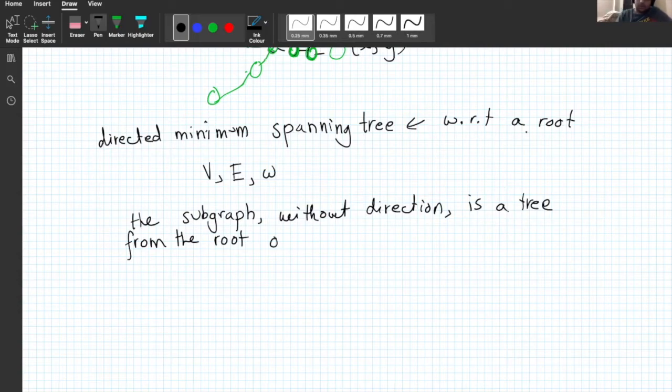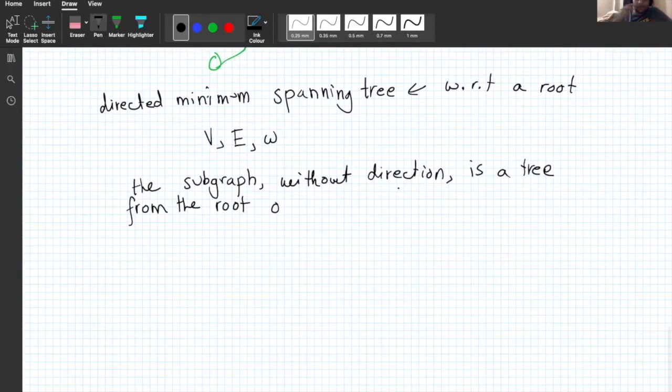The subgraph without direction is a tree, and there always exists a path from the root to every node in the tree.